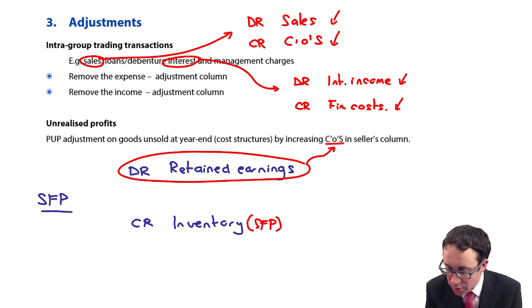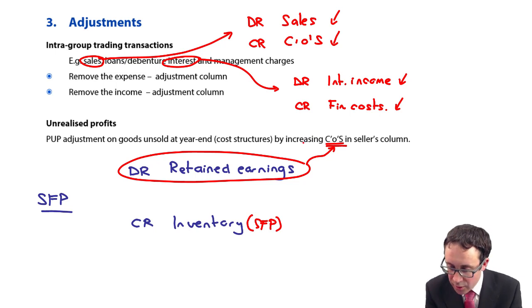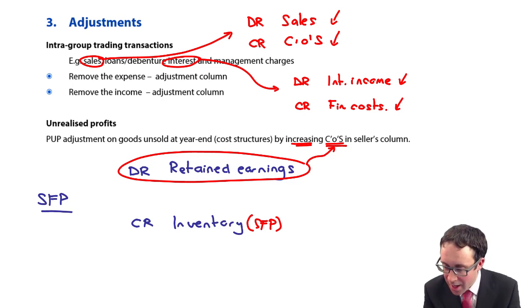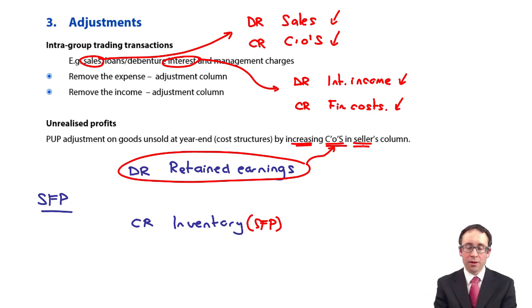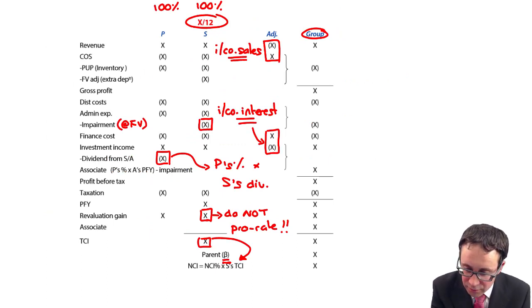So in profit or loss, it's going to be in cost of sales. We're going to make the adjustment to reduce the profit by increasing the cost of sales by that provision for unrealised profits, and it will be made in the seller's column. So again, if we go back within the notes, you can see there you have that provision for unrealised profit.